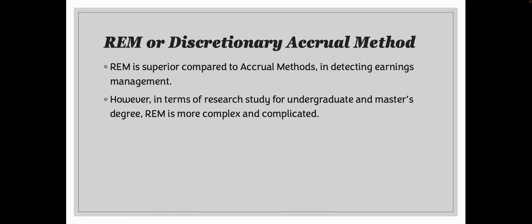However, real earnings management is still far more effective in detecting earnings management. But a warning, when you are a research student, undergraduate, master's, or a research scholar, using REM is more complex and complicated compared to the accruals method. It will take more time and more work.